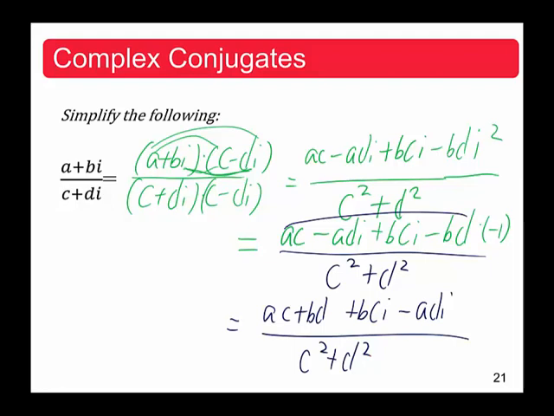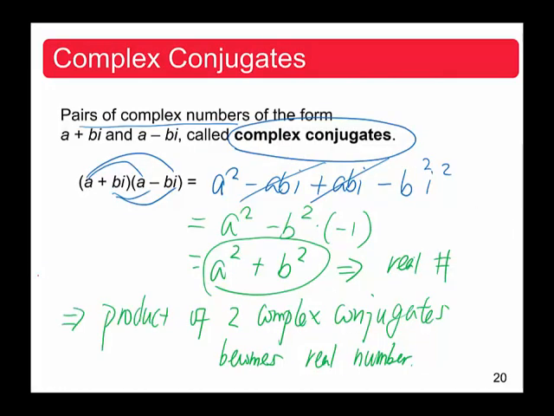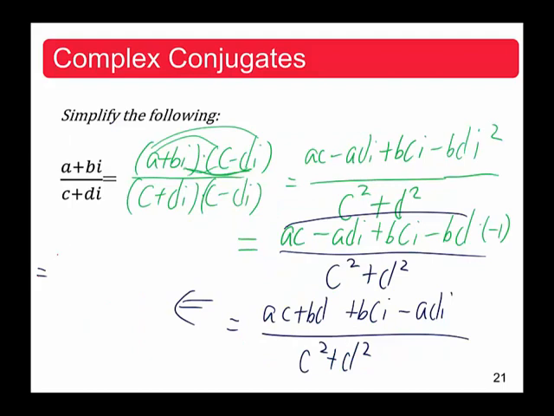Alright, so now you can separate this into a real part and a complex part separately. So the real part becomes AC plus BD over c squared plus d squared. That's the real part.